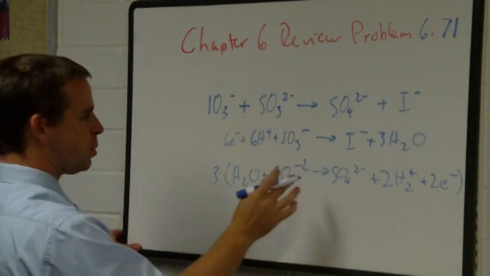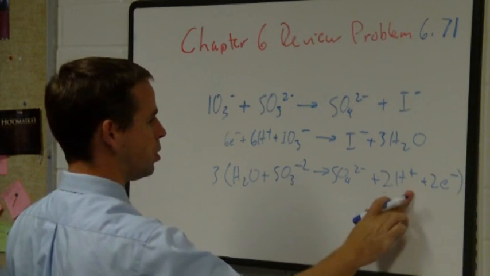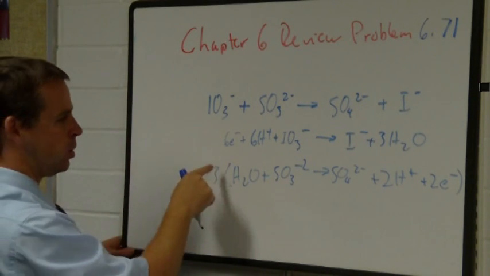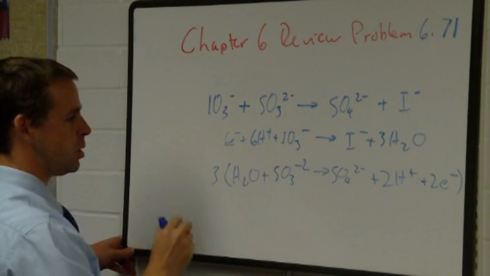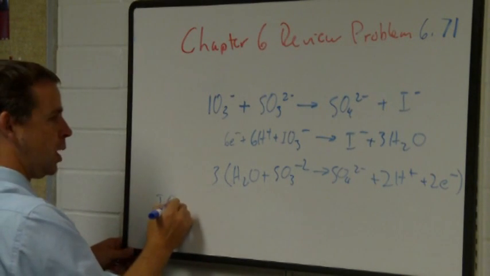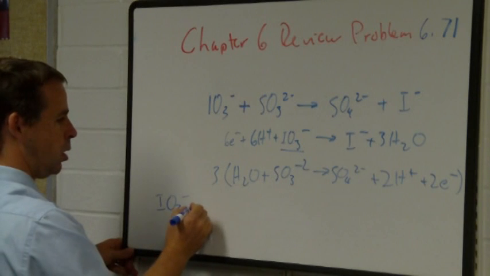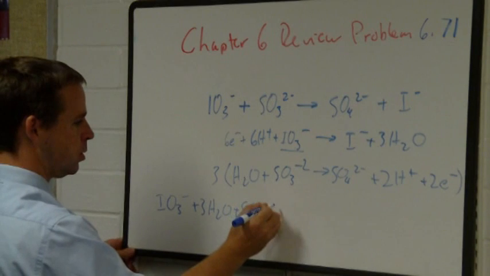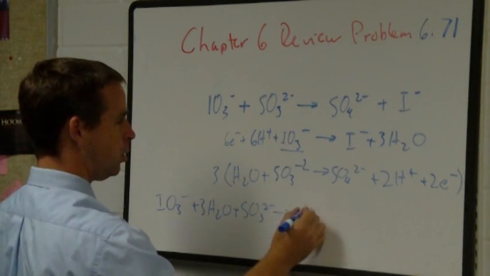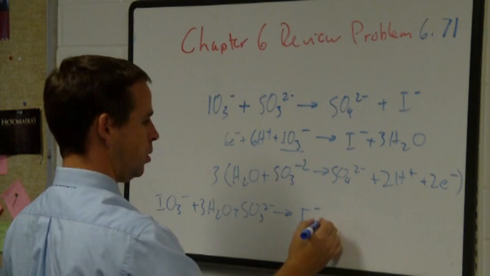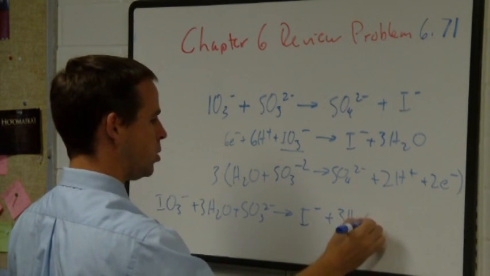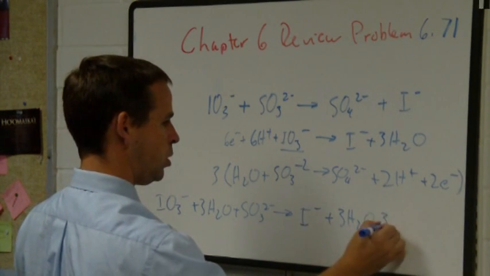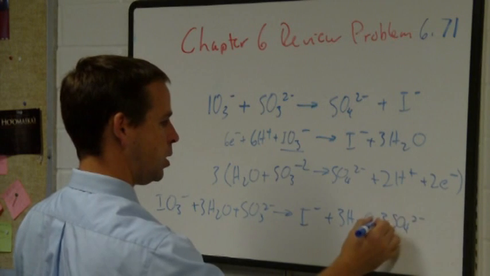So the electrons and the protons, oh, not 2 H2s, sorry, 2 H pluses. So the electrons are going to drop out. There's going to be 6 protons, they're going to drop out. So I'm just going to put the iodate here, plus 3 waters, plus a sulfite, yielding iodide ion, 3 waters also, 3 sulfates, SO4 2 minus.